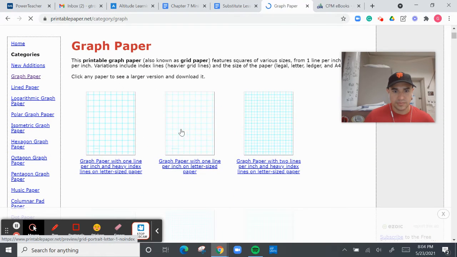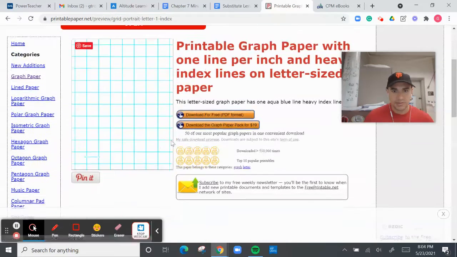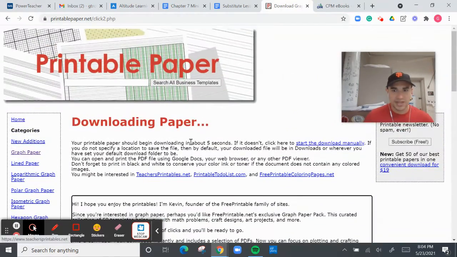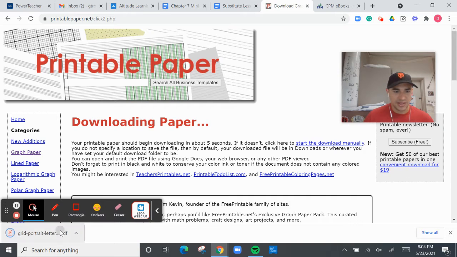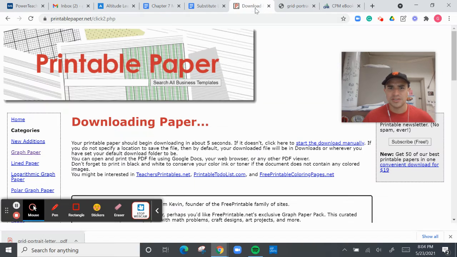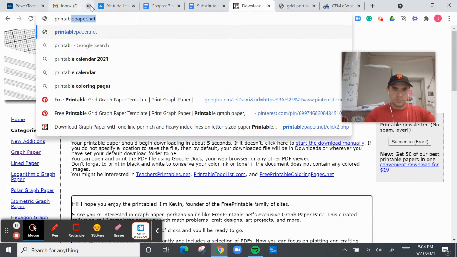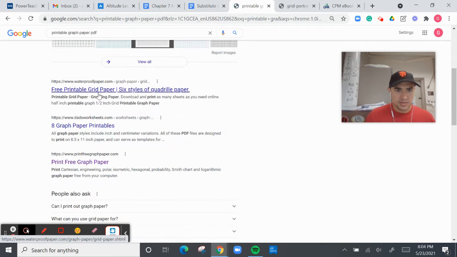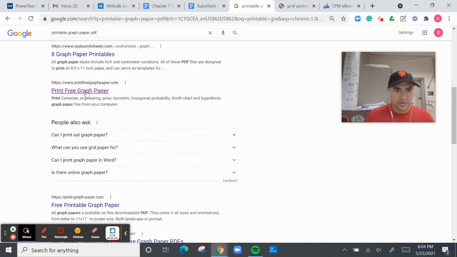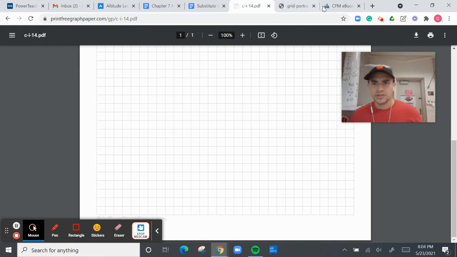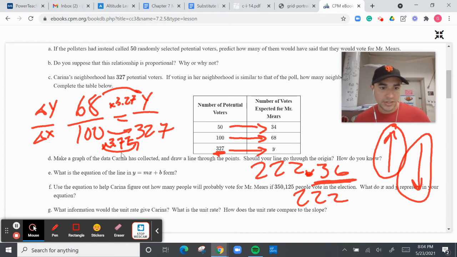Download for free then. Why won't you just download? Start download manually. Thank you. Oh my goodness, it's so big. The squares are so big. Print free graph paper. This is good. I don't know why it took so long. Thanks for joining me in this adventure of graph paper.